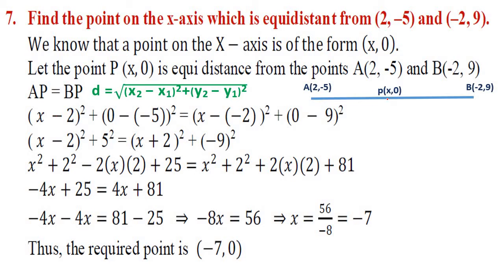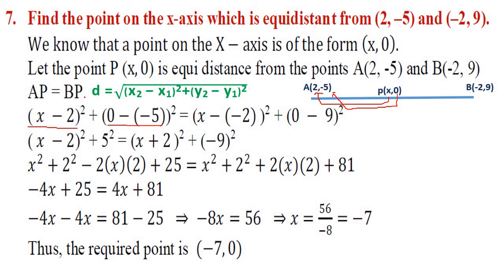Let us write the distance of AP: (x2 minus x1) whole square, which is (x minus 2) whole square, plus (y2 minus y1) whole square, which is (0 minus of minus 5) whole square.